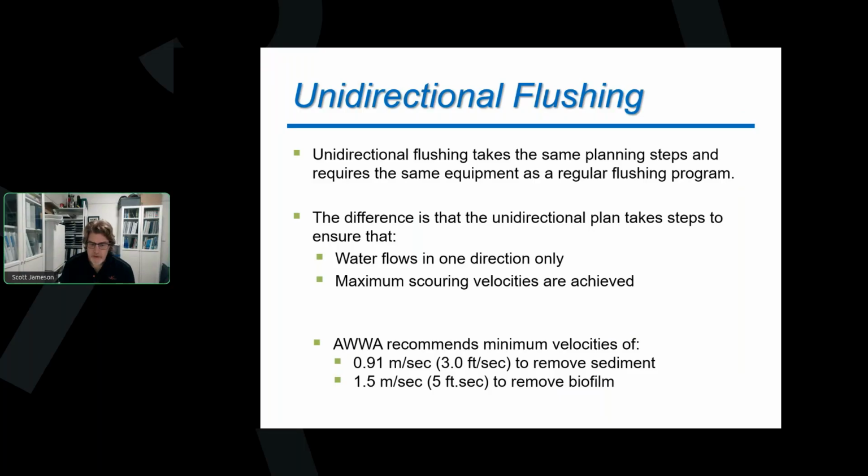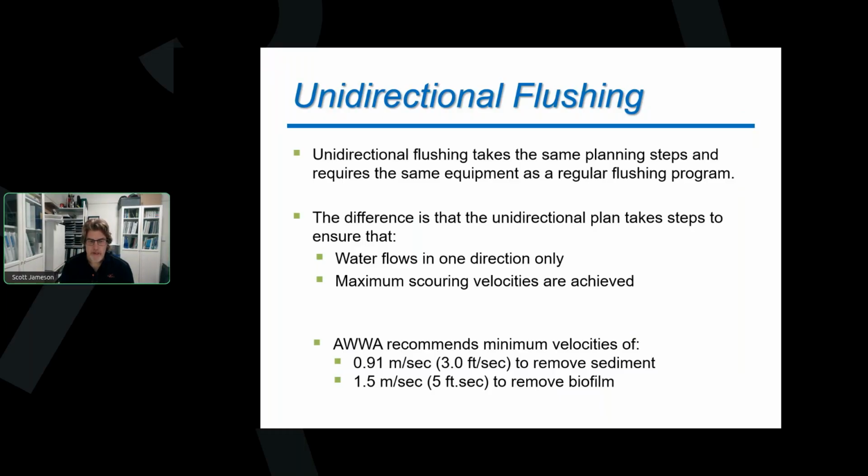Now, a lot of the literature that you might be seeing might still have that as 2.5 feet per second or 0.8 meters per second. This has been a recent change where new research has shown that we actually need those higher velocities to remove that sediment effectively.